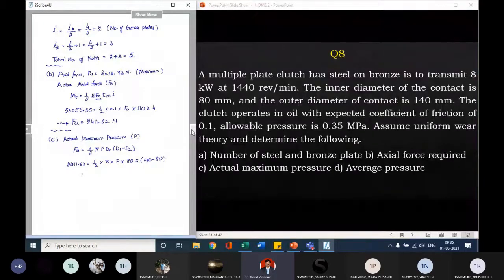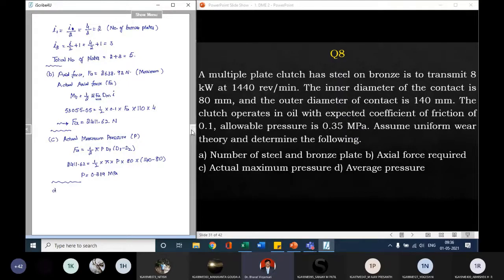How much is the value of pressure now? 0.319. Yes, 0.319. Okay. This is the pressure which you have got.